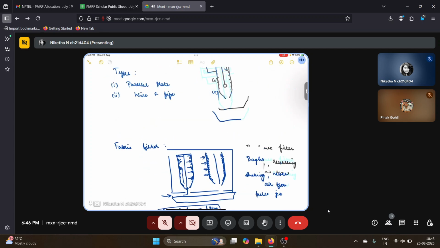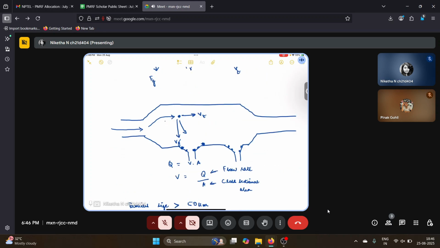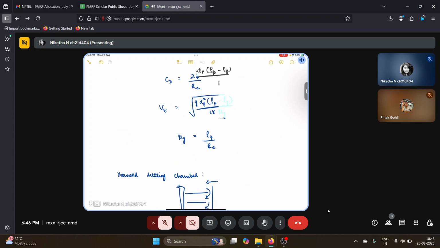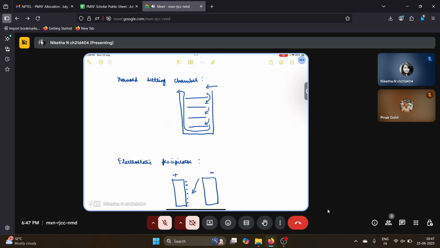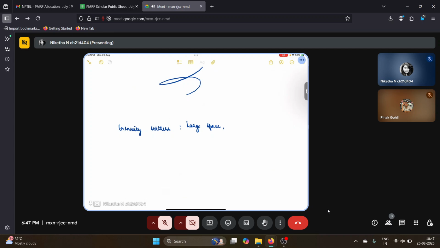Going back to the design, unlike in fabric filters, there is no issue of pressure head loss. The wind velocity is only slowed down for a bit, and then once we reduce the cross-sectional area, the velocity will increase again and the air will come out. So the pressure loss is low.